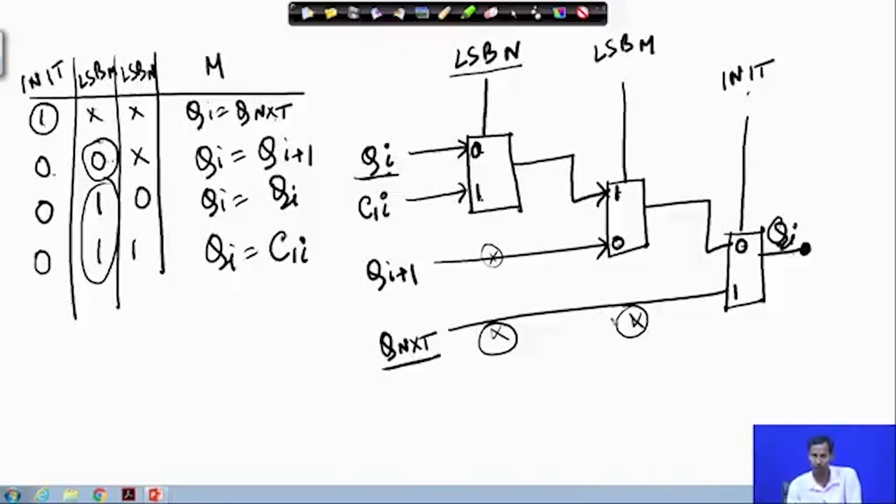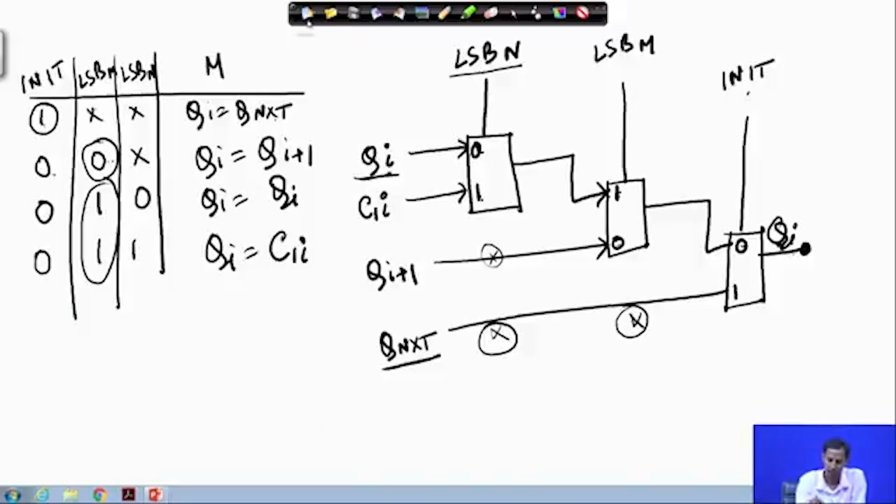So, this corresponding function can be implemented by using this kind of circuit. Though I am having 3 control signals, here I require only 3 2:1 multiplexers instead of the 7 2:1 multiplexers which I require in general, as the number of functions is smaller.